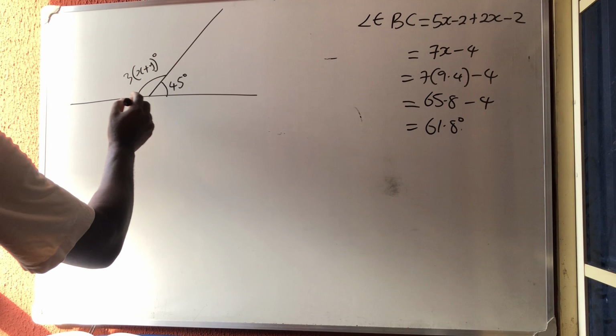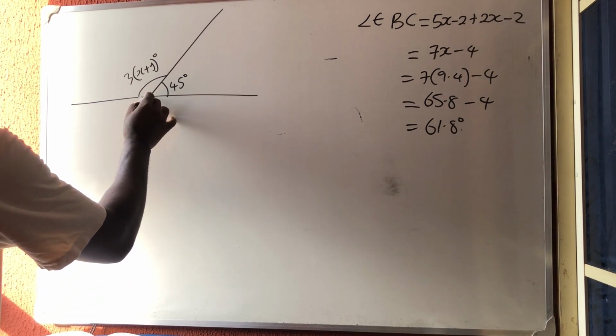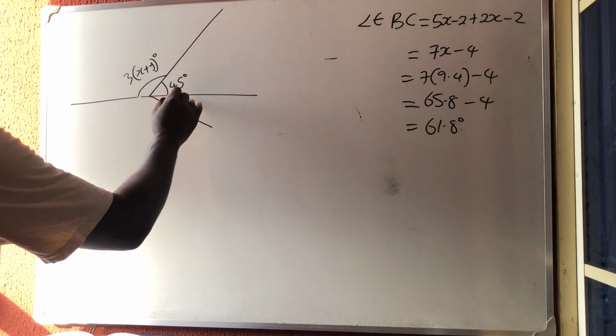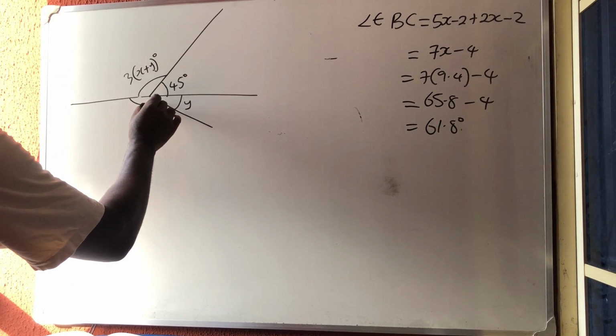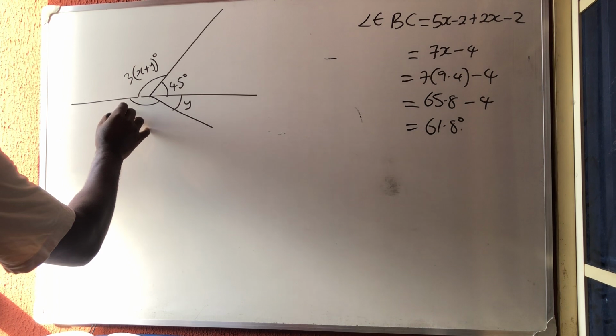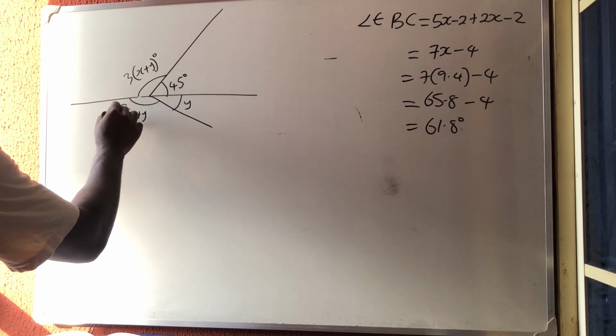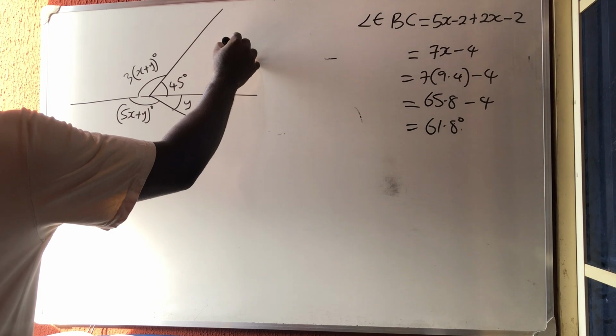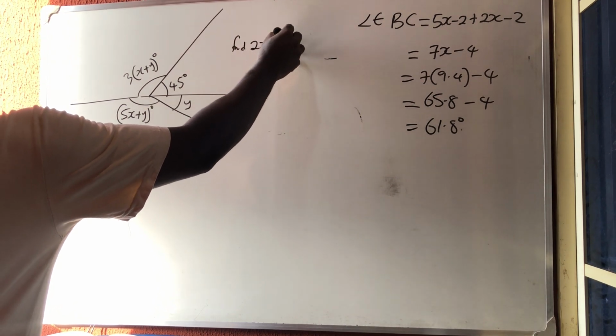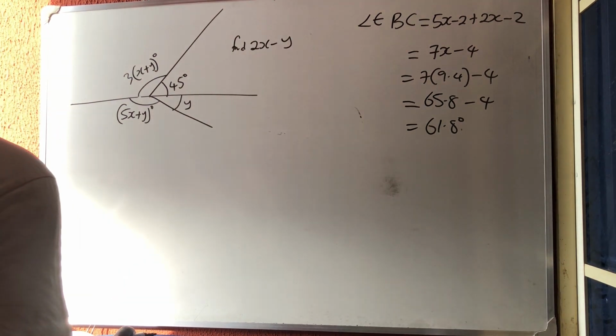Okay, and there's another one that goes this way, and they say that here is y, and this side is 5x plus y degrees. Okay, they then say find 2x minus y.